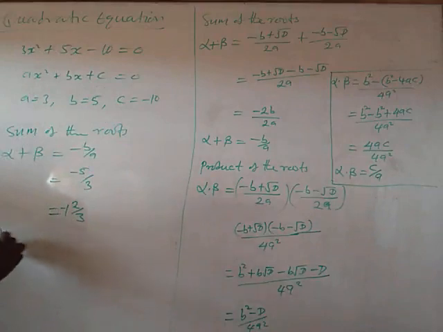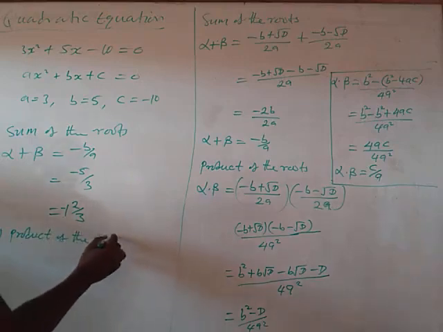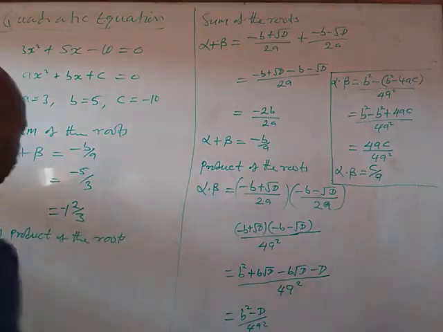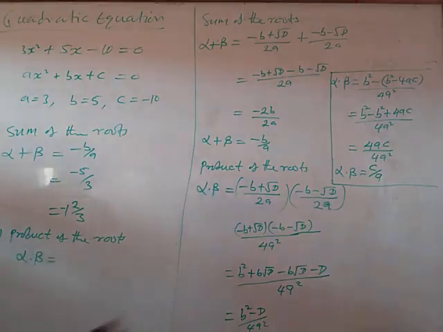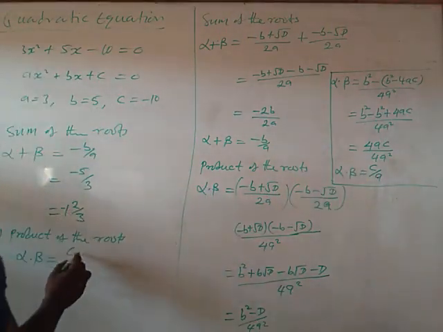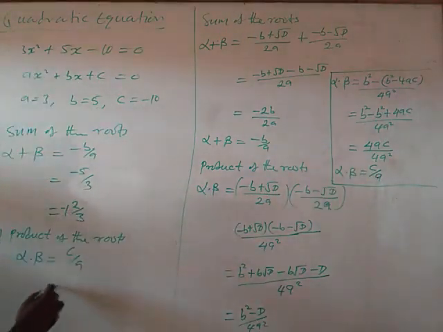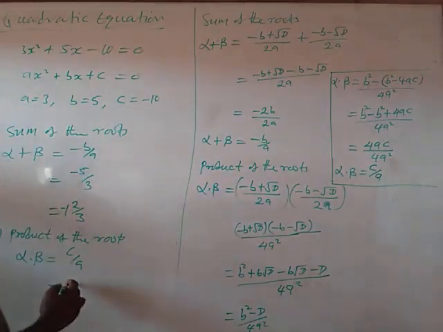And to find the product of the root, which is alpha times beta. What is the product of the root? That is c over a. What do we have as our c?